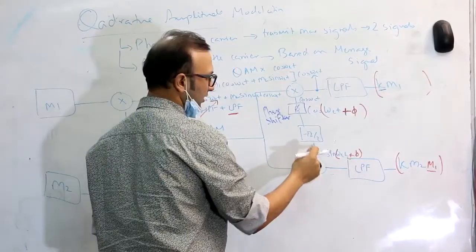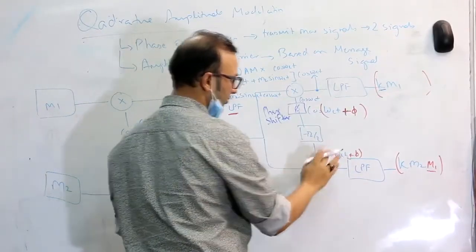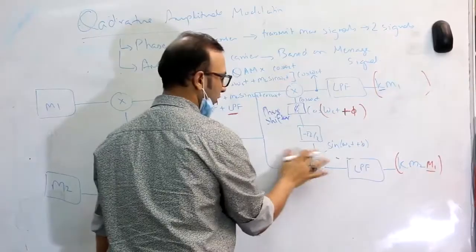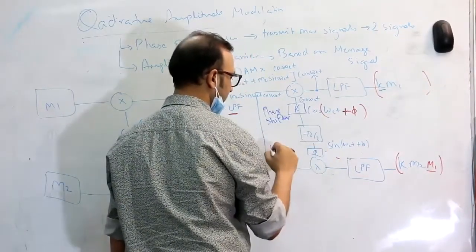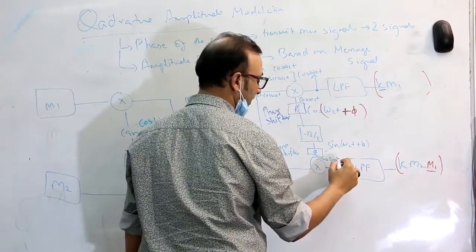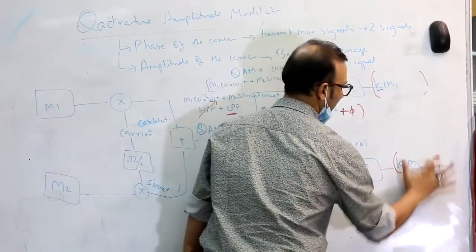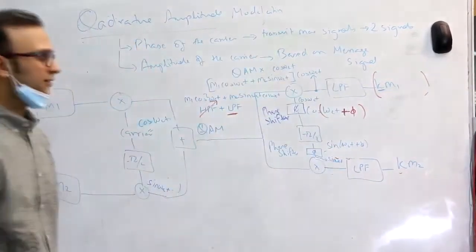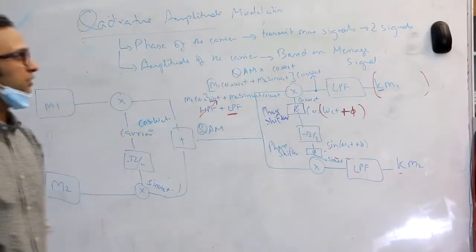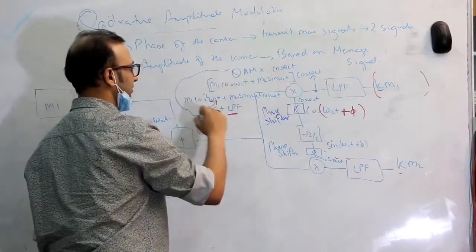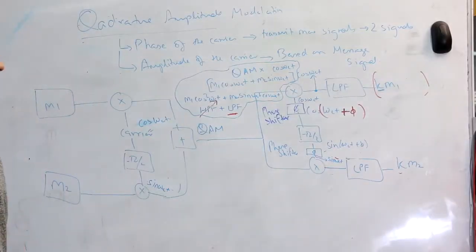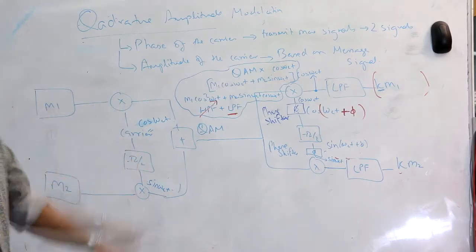Similarly over here, the signal is sine omega ct plus phi, so you will have a phase shifter here again, which will make sure that what you're multiplying is sine omega ct, and at the end there will be no interference. That can be easily seen when you do it the same way. We have seen how to do that in our previous labs. That should be in the report, and it's also in the videos, so you can refer to them. So this is what our QAM modulation and demodulation looks like.